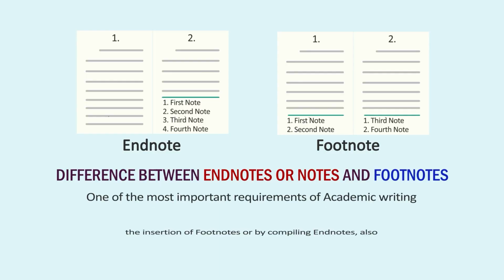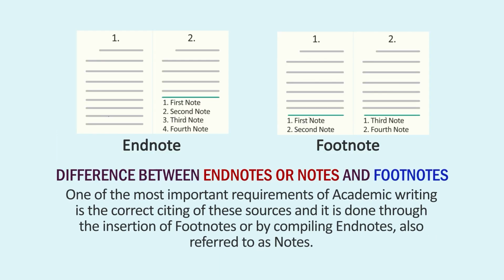work. There are very strict rules and conventions in the manner in which we acknowledge these sources in our paper. One of the most important requirements of academic writing is the correct citing of these sources, and it is done through the insertion of footnotes or by compiling endnotes, which are also referred to as simply notes.